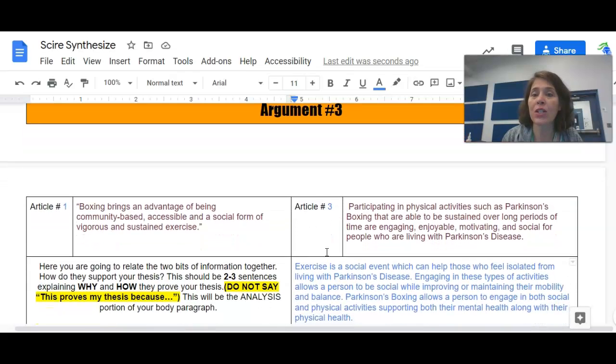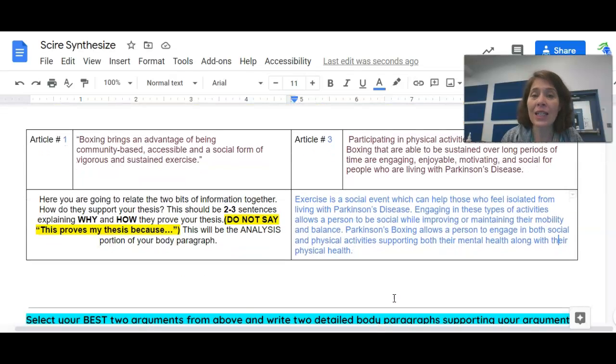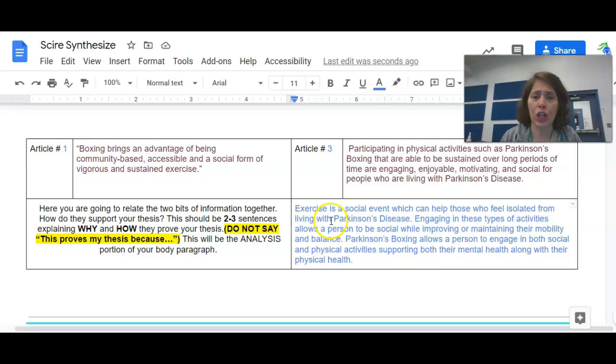For all three arguments, you're finding two different quotations, and then you are analyzing how both of those quotations support your idea. Notice down here, I didn't say my first quote says, my second quote does. I never said any of that. All I did was I synthesized. I combined these ideas and explained how and why they support my thesis statement.